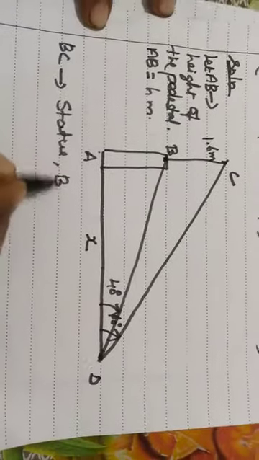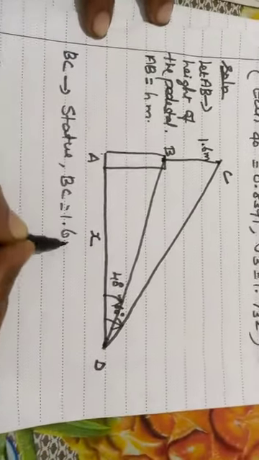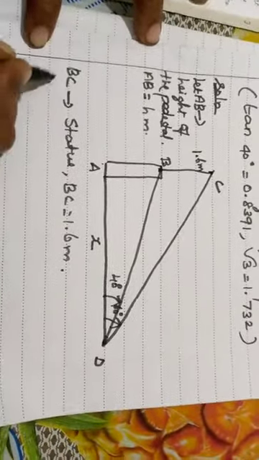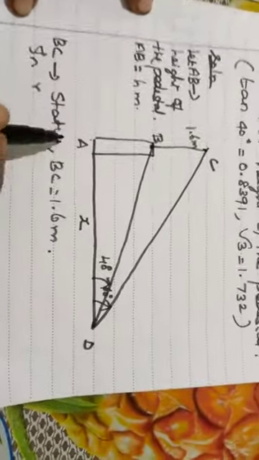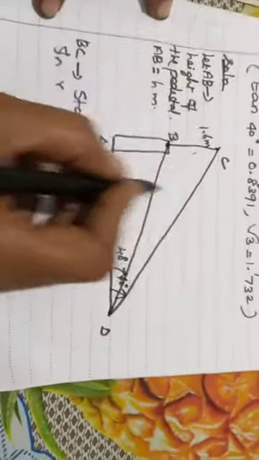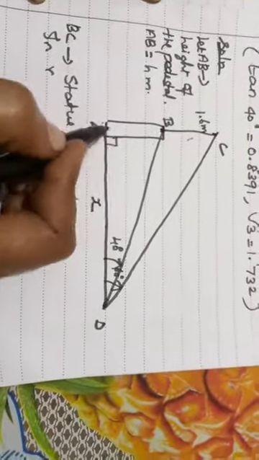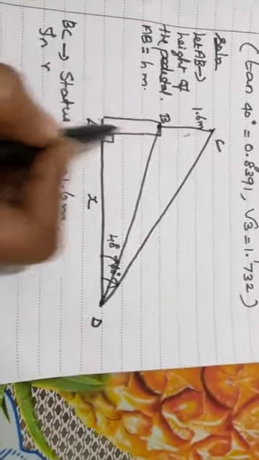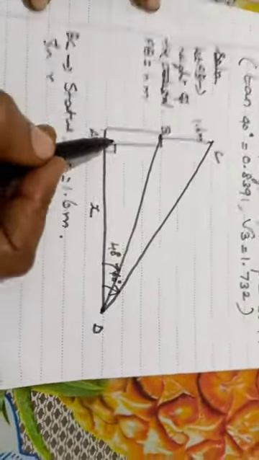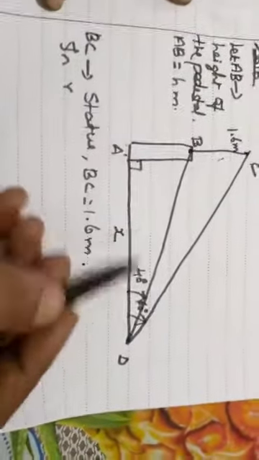BC is given 1.6 meter. Then here we have 2 right triangles, that is BAD and CAD. First of all, we are going to use this BAD.